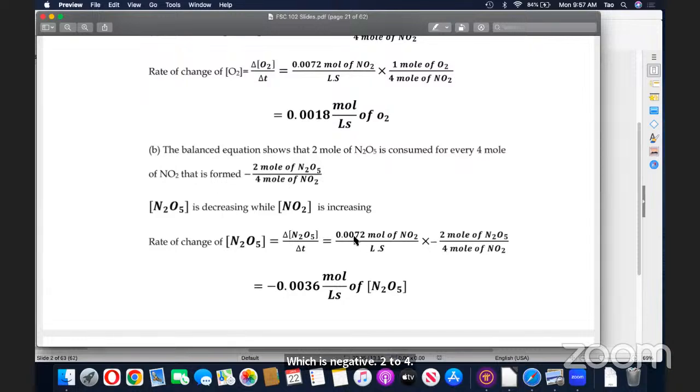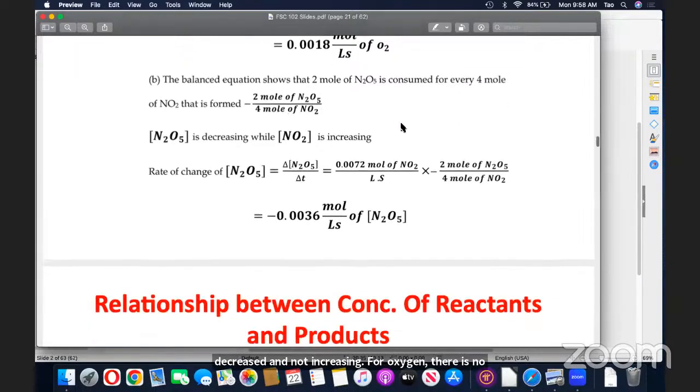And you have 0.0072 multiplied by -2 divided by 4. The reason you're having that negative is so that at the end of the day, it will show that it's a reactant. The negative is telling you that the concentration is decreasing, not increasing. For oxygen, there is no negative because the concentration is increasing.